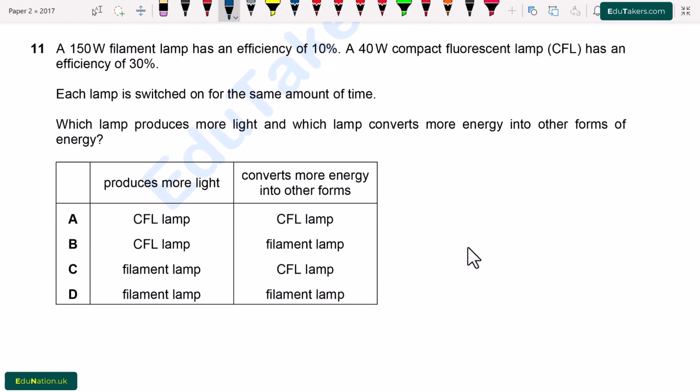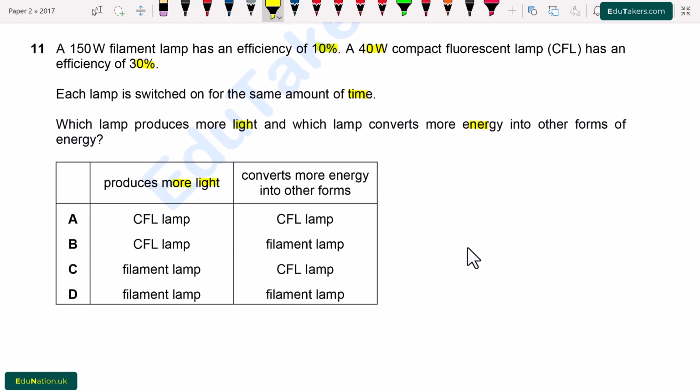Question number 11. A 150 watt filament lamp has an efficiency of 10%. A 40 watt compact fluorescent lamp has an efficiency of 30%. Each lamp is switched on for the same amount of time. Which lamp produces more light and which lamp converts more energy into other forms of energy?